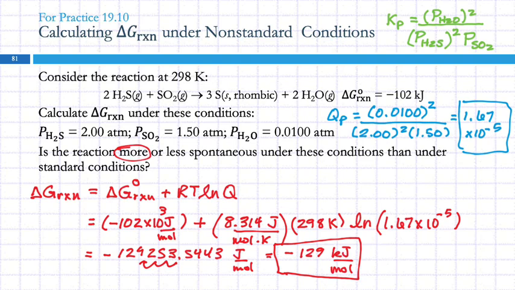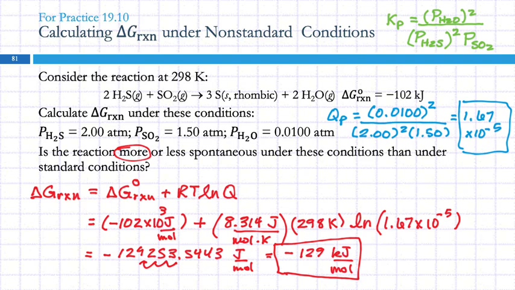Negative 197. Okay, I probably did something wrong. Anybody else get 129? I remember that number from yesterday. It could be that the book is wrong.